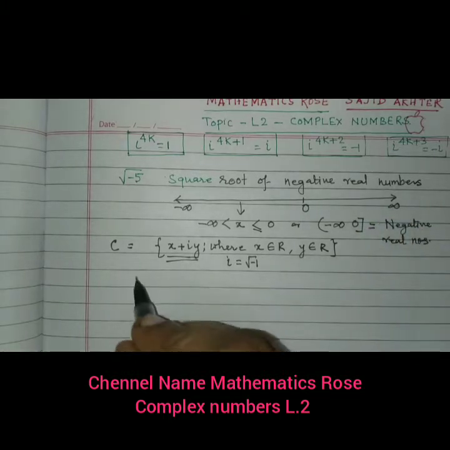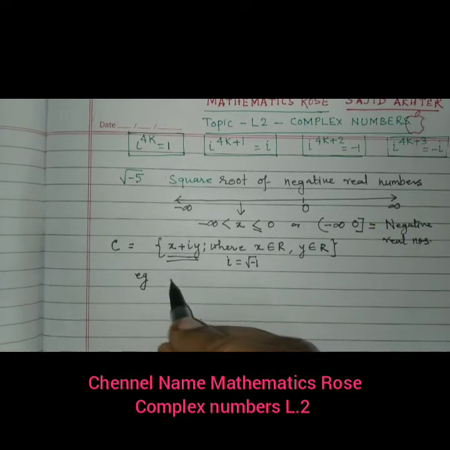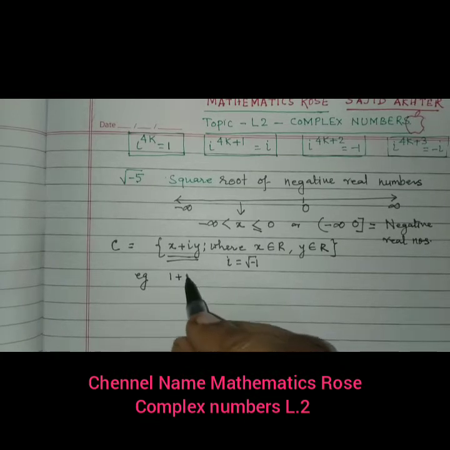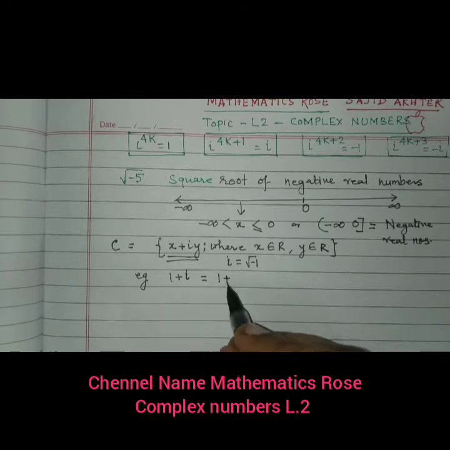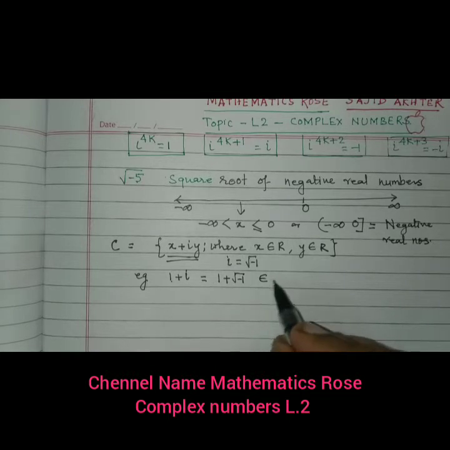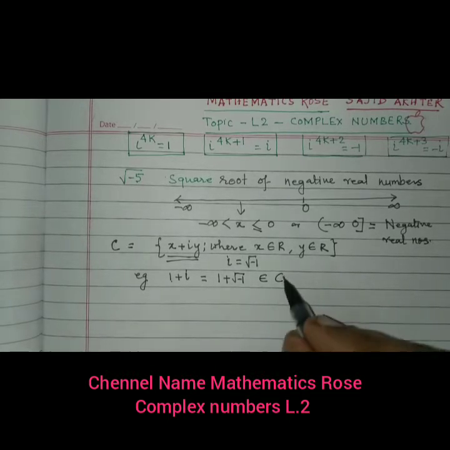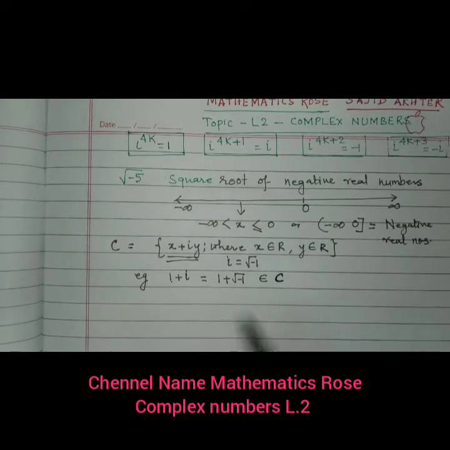But see here, suppose I am writing 1 plus i. So 1 plus i means 1 is a real number and 1 plus root under minus 1. So this belongs to where? C is the set of complex numbers.